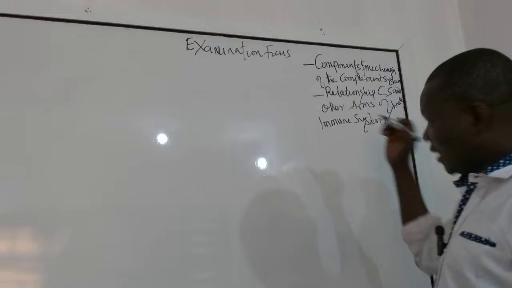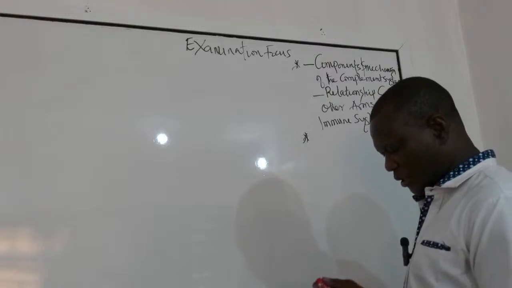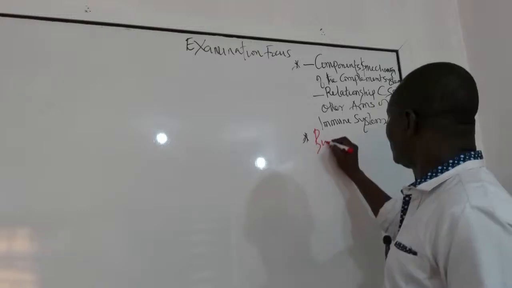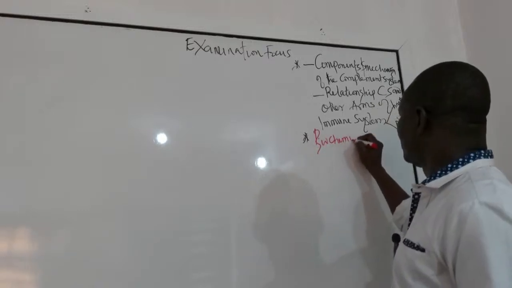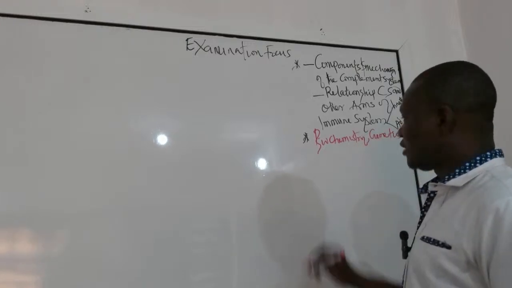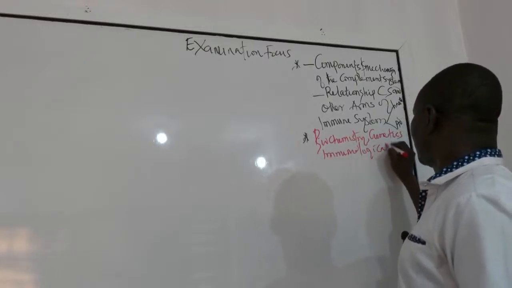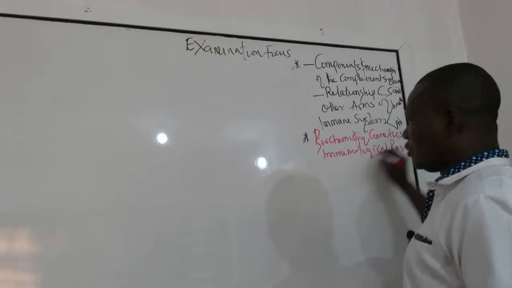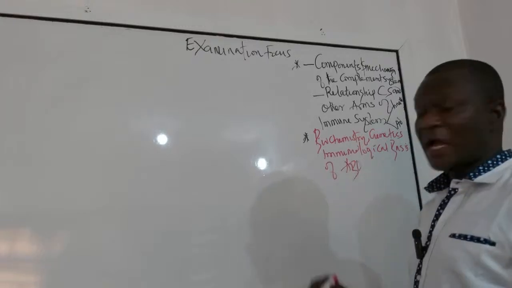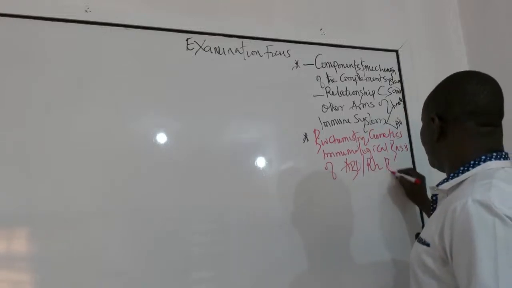After that, we are going to also look at the likely area of focus on the biochemistry, the genetics, as well as the immunological basis of ABO blood grouping, as well as the rhesus blood grouping system.